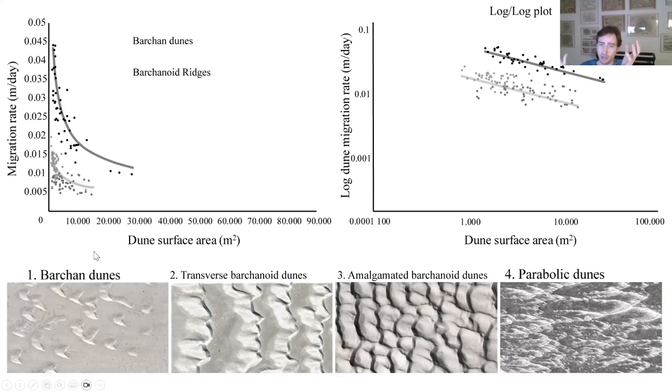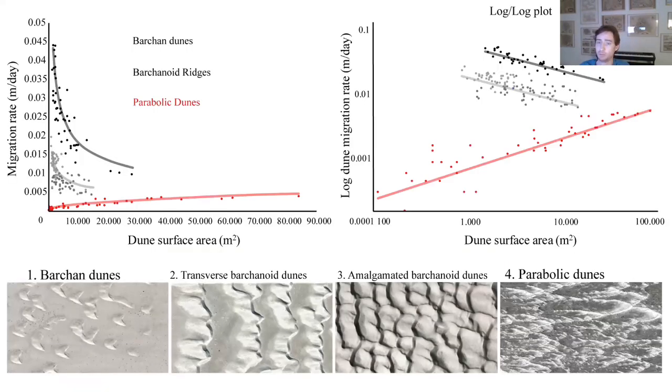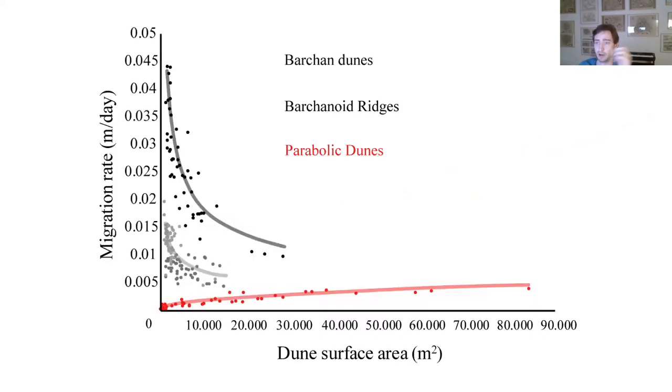Now, what's even more amazing is that if we include parabolic dunes, then we find a completely mirrored relationship. So instead of faster parabolic dunes being smaller, we actually find that small parabolic dunes are slower. And as expected by this geometric relationship, we can find the mirroring of this relationship in the mirroring of the shape of the parabolic dune as well.